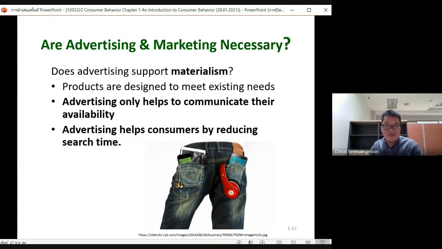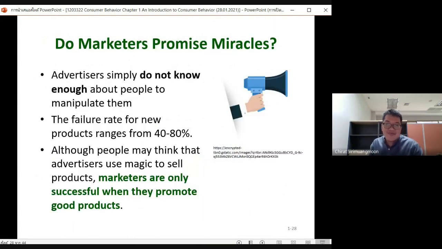You will not buy the product if the product is not good. So answer this question: do marketers promise miracles or create something special for the consumer? Actually, no. In the past, might be, but for now, if the product does not have good quality, consumers might not want to buy your products again and your product is going to be gone.